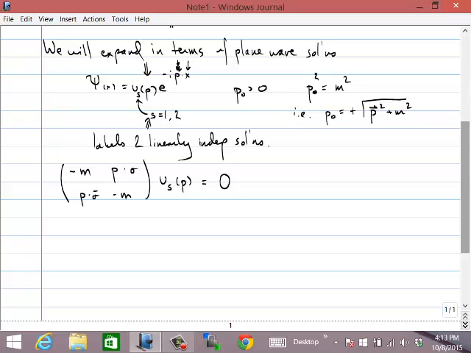Last class we worked out explicitly the case where the particle was at rest. If P is at rest, then this matrix was just proportional to -1, 1, 1, -1. And U, the two solutions, just took the form of a two-component spinor zeta and another two-component spinor zeta on top of one another.